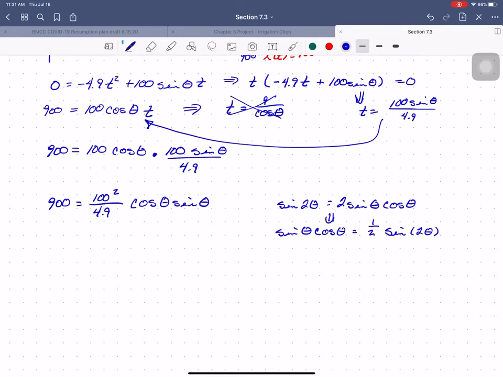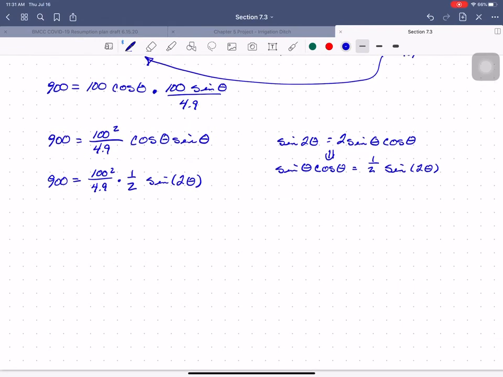Oh, that's handy. So now what I have is 900 equals 100 squared divided by 4.9 times 1/2 sine 2 theta.